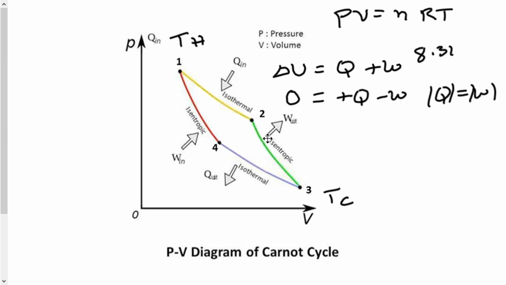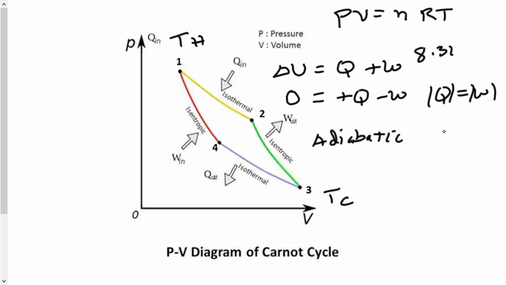Okay, now the next part here, we have another expansion. This is called isentropic. Now, we called this adiabatic in class. Isentropic means equal amounts of entropy, so there's not going to be any real entropy change here. But you can call it adiabatic here.